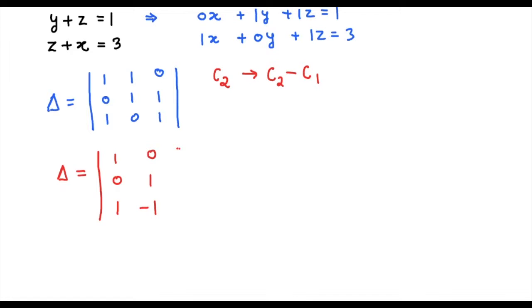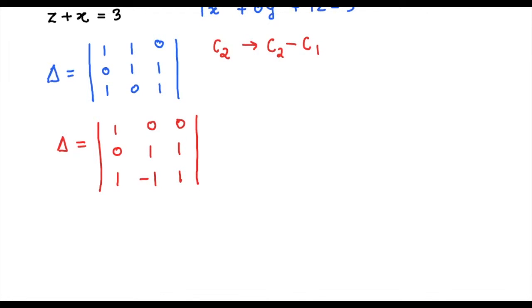Then we will use 0 1 1. Now expand it with respect to the first row. After the expansion it will be 1, leave the yellow portion. You will find 1 1 and minus 1 1.